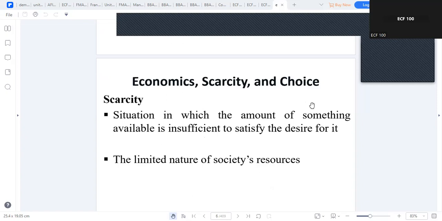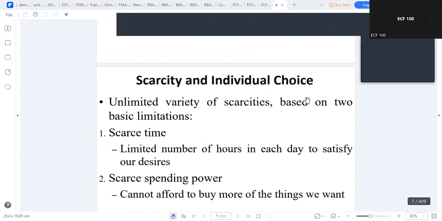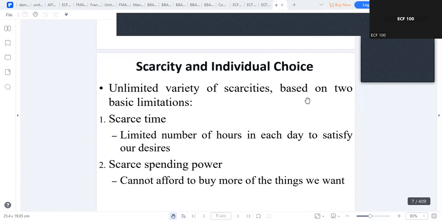What is scarcity? Scarcity is simply a situation in which something is not readily available, something is insufficient to satisfy the desire at hand. So when we're dealing with scarcity, in nature, we're dealing with limited resources. And so scarcity and individual choices must therefore marry.